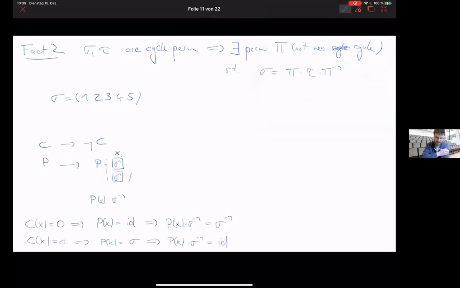So the second one is already good, because if C of x equals 1 and I negate that, it should be 0, and the identity permutation exactly encodes 0. But on the first row, I'm not quite done yet. I would like to have not sigma inverse there, but sigma. What do I do?